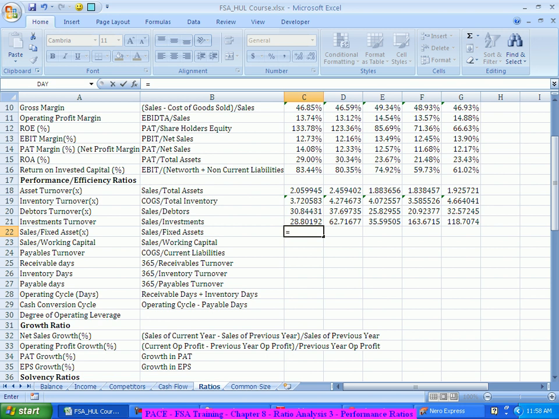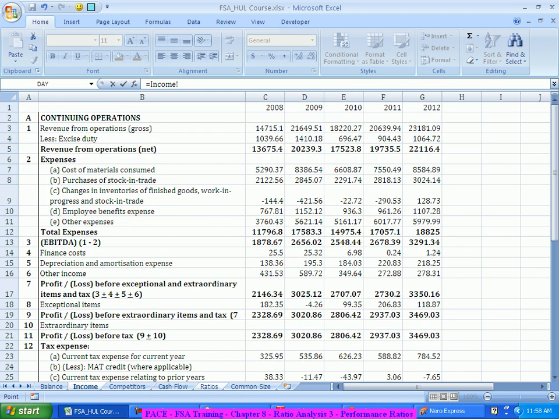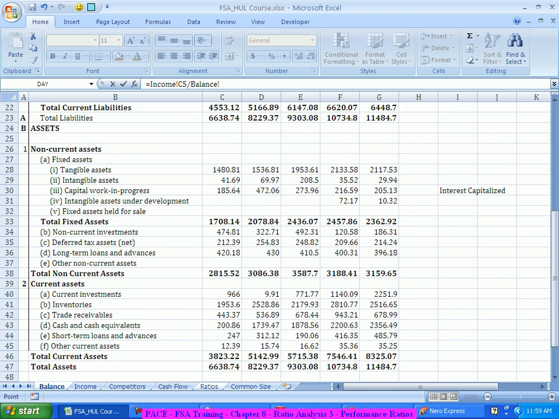So your office, building, material, and machineries, what sales they are able to generate, which means what is the effectiveness of those assets, right? So sales divided by the fixed assets, this is my fixed asset.